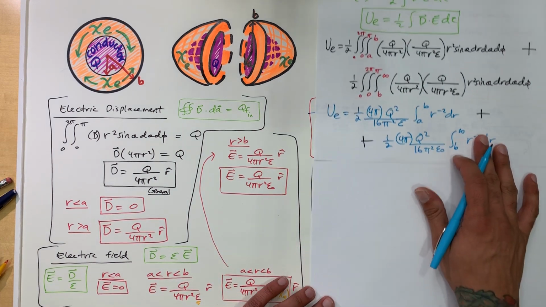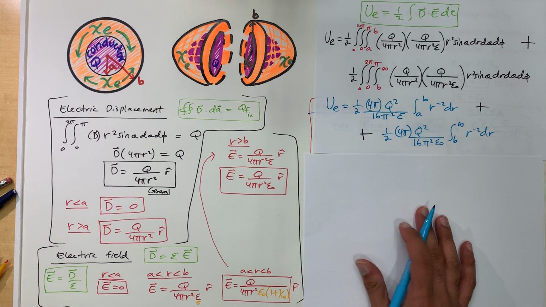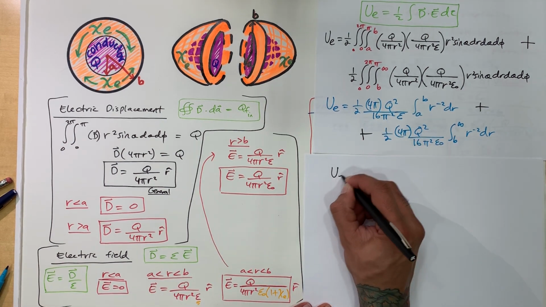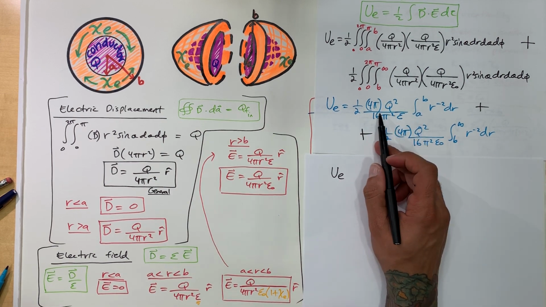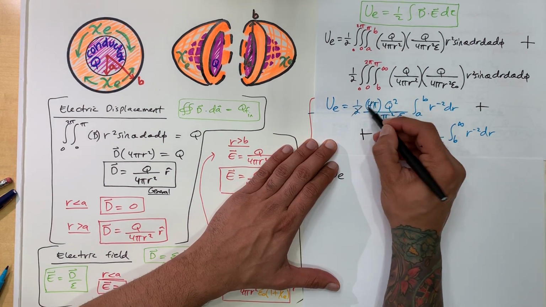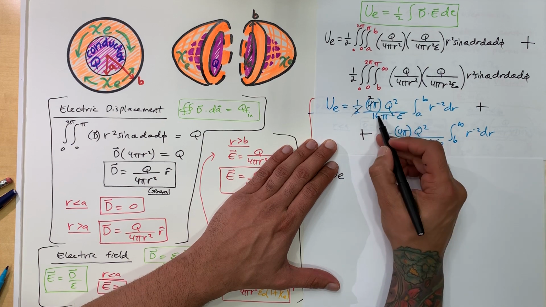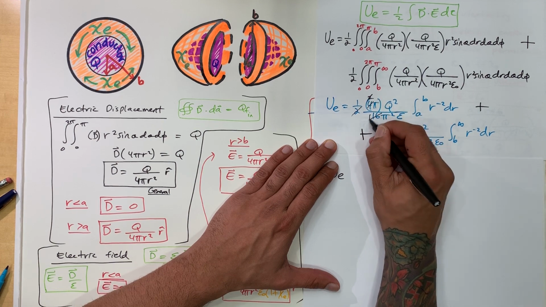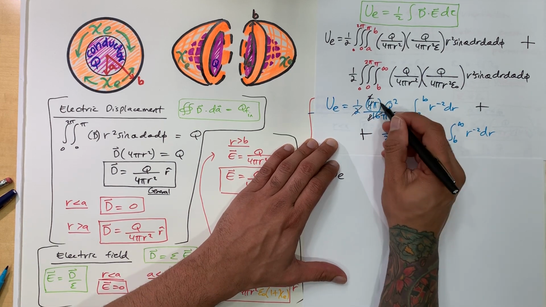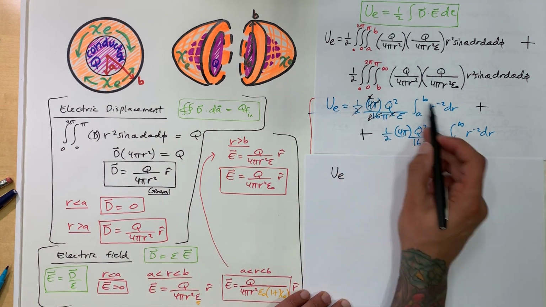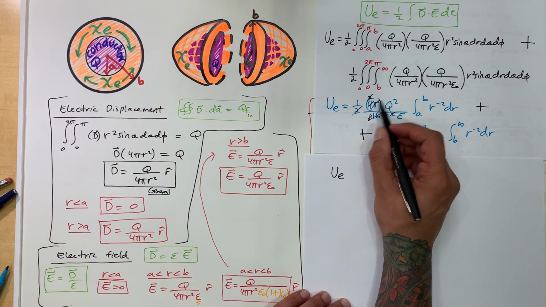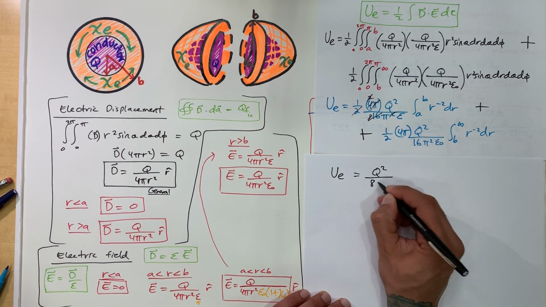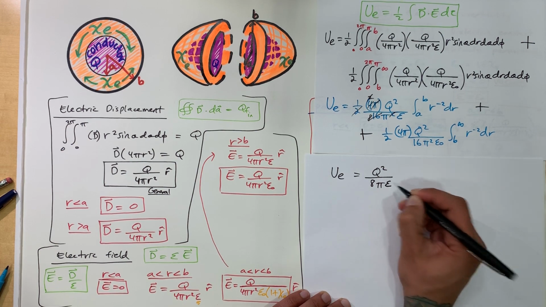Let's further evaluate. Okay, so let's simplify the top part. What do we have here? We got U_E. So this and this become 2, 16. Okay, so that's 8. And one of the pi's cancel. So for this first one here, we're gonna have Q squared on top. We have 8 on the bottom, we got pi, and we have epsilon.